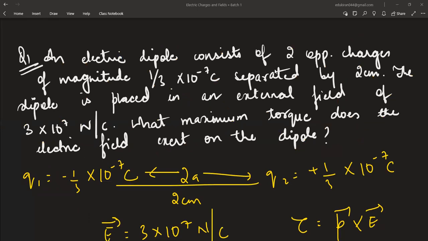See, this is saying maximum torque. Maximum torque means you have to get the value of sine theta maximum. If we take this as 180 degrees, then that would give us 0. For the maximum value, sine theta must be maximum, and that can only be achieved when theta is 90 degrees.